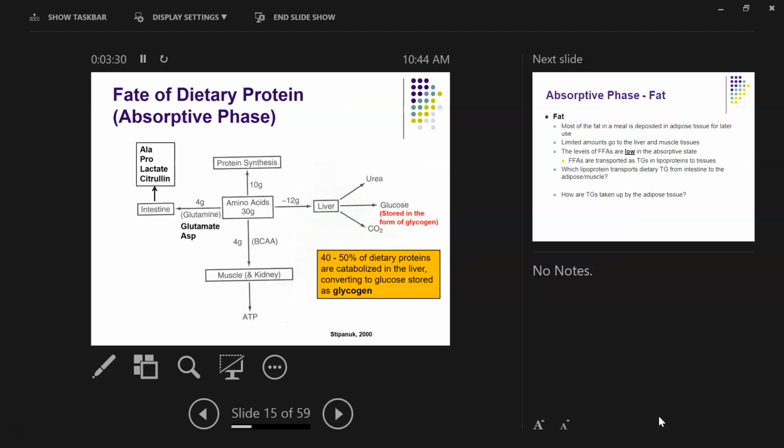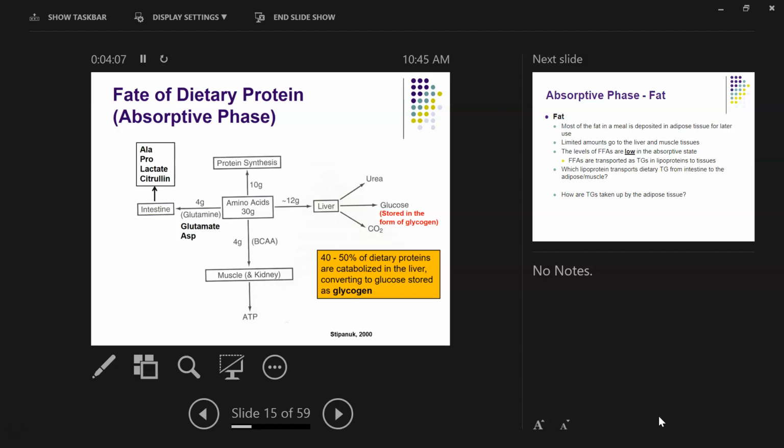And this slide shows how amino acids or protein are metabolized after a meal, 2 to 3 hours after a meal, like in the absorptive phase. So, for example, we usually get 30 grams of amino acids from the diet. 10 grams of amino acids will go to the protein synthesis pathway, used for synthesis of protein and stored in the body during the absorptive phase.